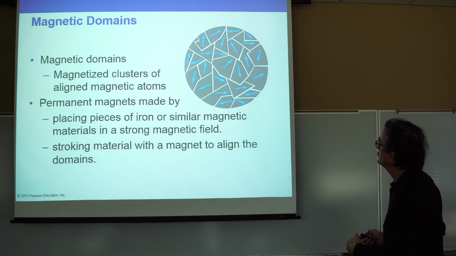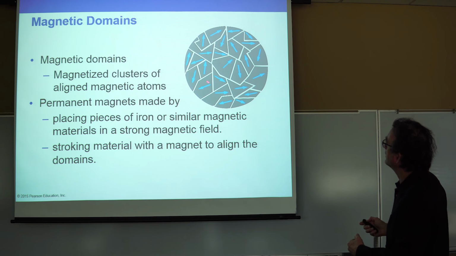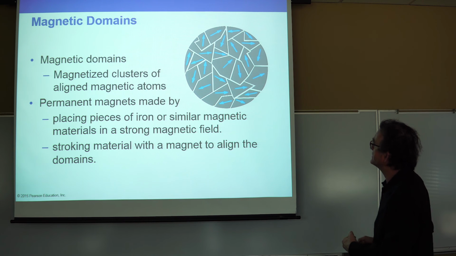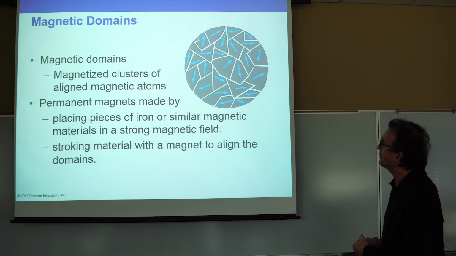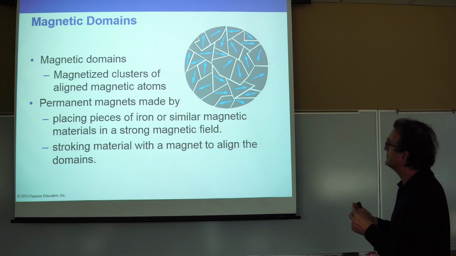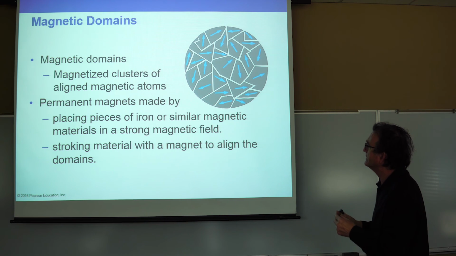And so generally speaking, if I look at this from the outside world, then everything seems rather random, and the net vectorial addition of all of these adds up to zero, and therefore a piece of iron by itself will not exist by itself as a magnet.